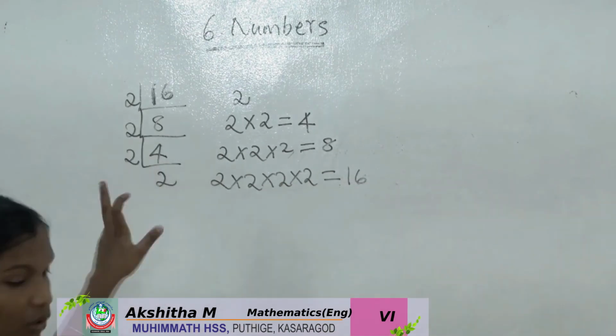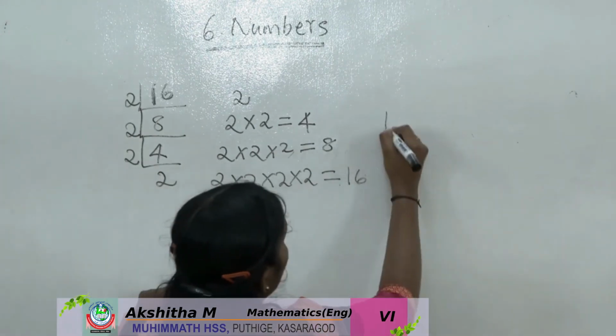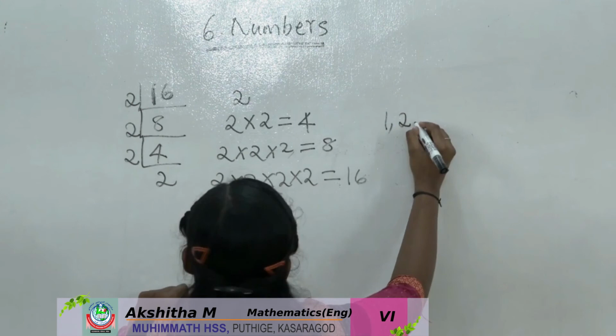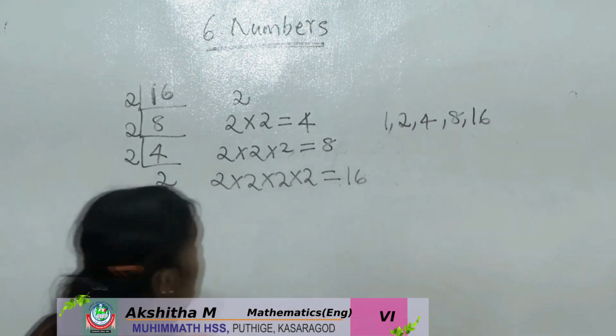These are the factors of 16, that is, 1, 2, 4, 8 and 16.